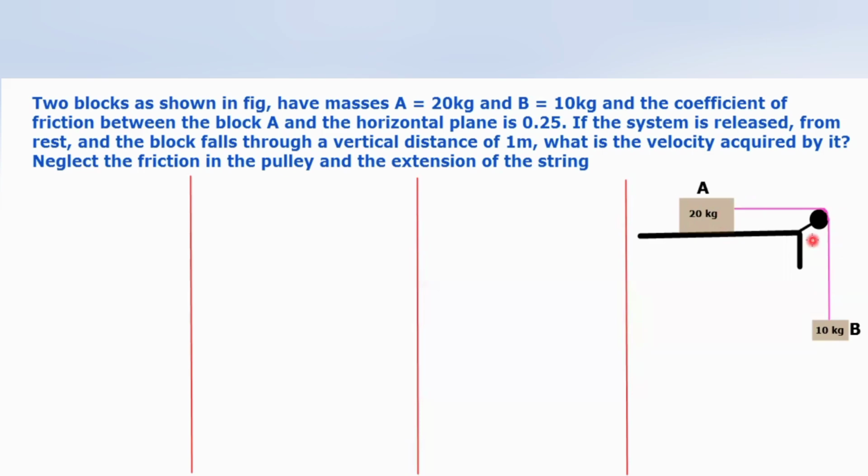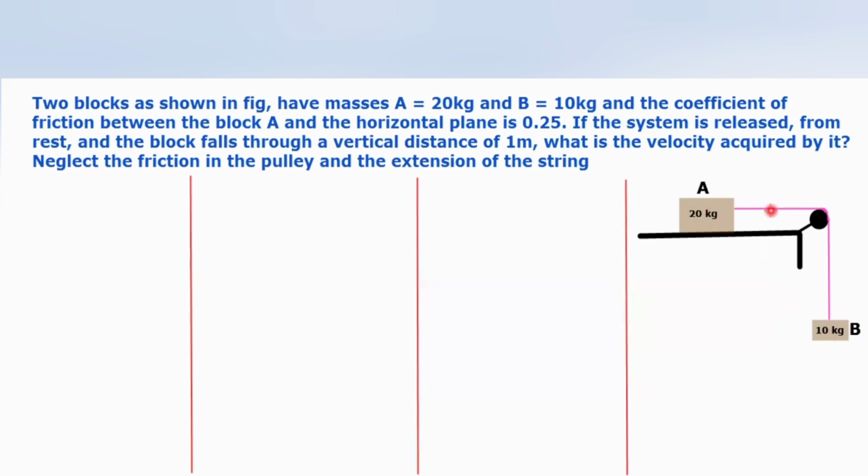In case the object B falls through a vertical distance of 1 meter, consider this as the initial position, and from this position in the vertical direction the object B falls 1 meter. We know that when object B moves downwards, since B and A are connected by a string or thread, the object A will move towards the right side.